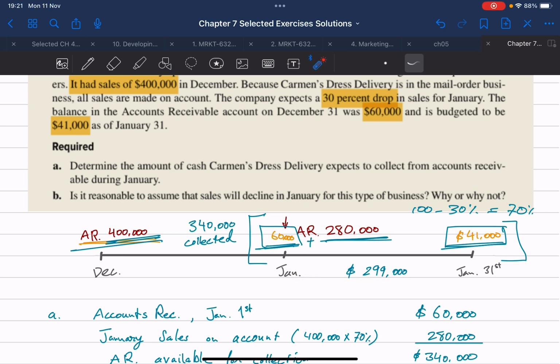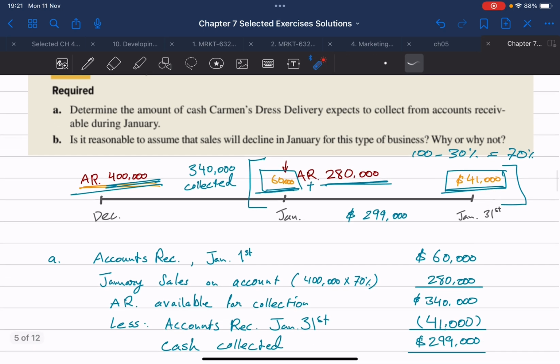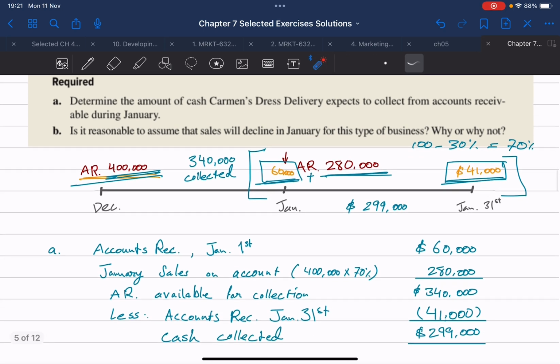So we can justify this prediction that the business made, that their sales are going to decrease by 30%, is justifiable.